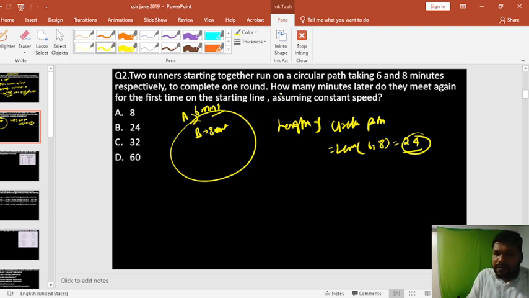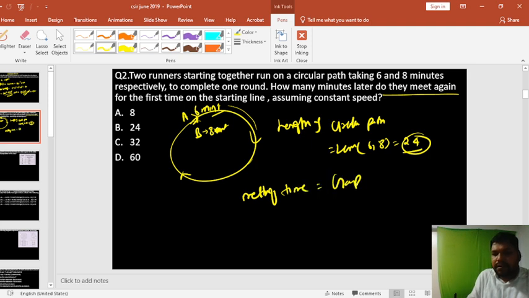It's given: how many minutes later do they meet again for the first time on the starting line? Because they have started here and they are running on the track, at what time will they meet together? So it is actually asking for the meeting time.